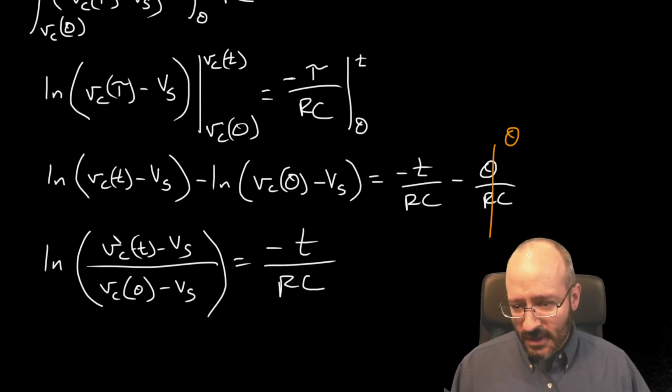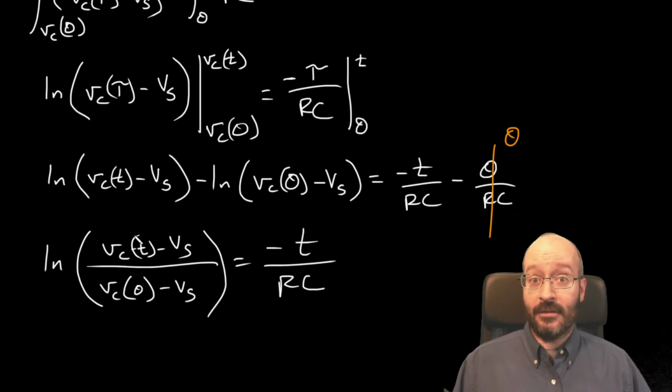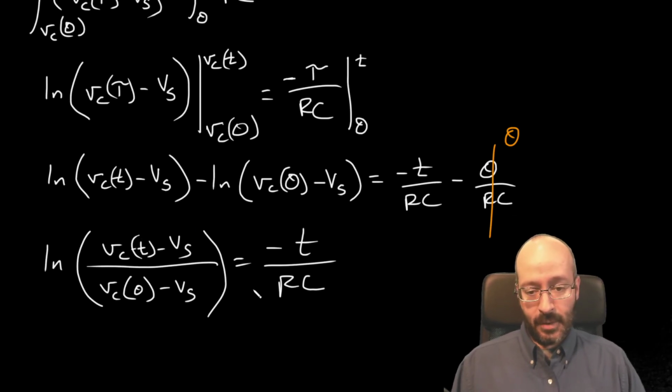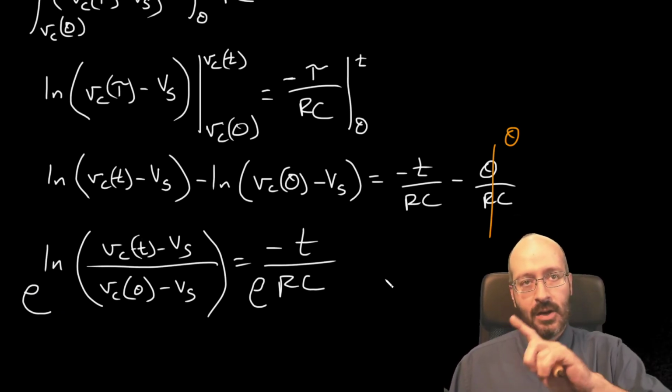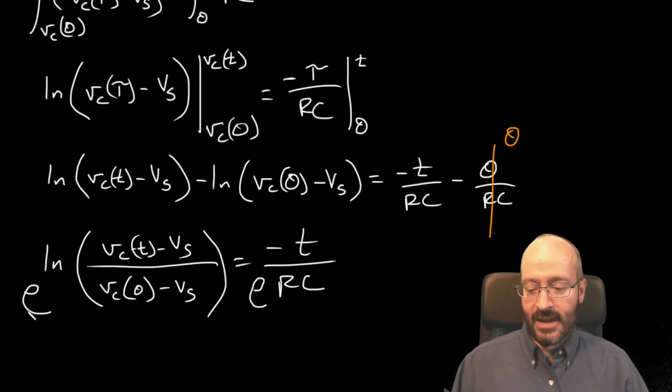Okay, still trying to solve for this one right here. And if we're trying to solve for that one, then we've got to get it out of the logarithm. And we're going to do that in a similar fashion to what we did in the previous video. We're going to make both sides of the equation exponents of the natural log.